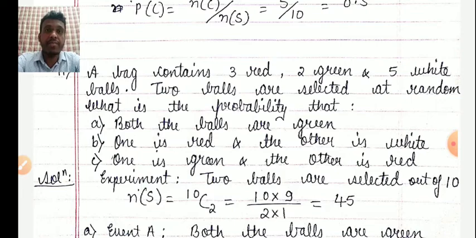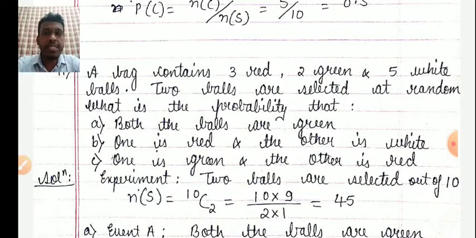Here, the number of items in the sample space is not equal to 10. Had it been a case where you are picking up only one ball at a time, then the sample space would have been 10. But now you're selecting 2 at a time. So combination you have to use, you will have different combinations.